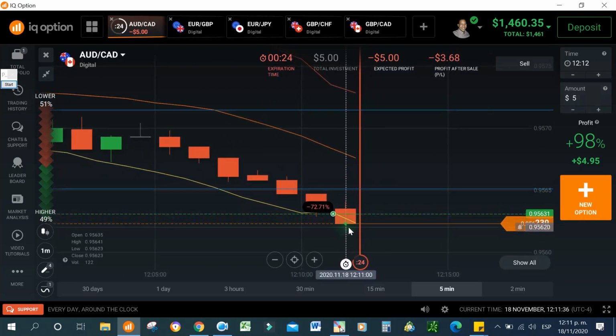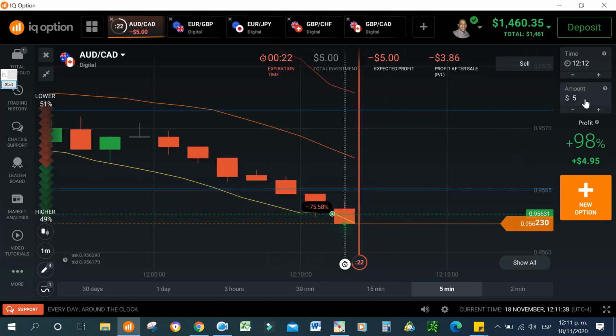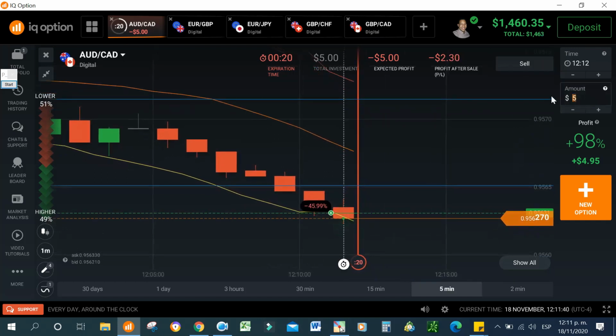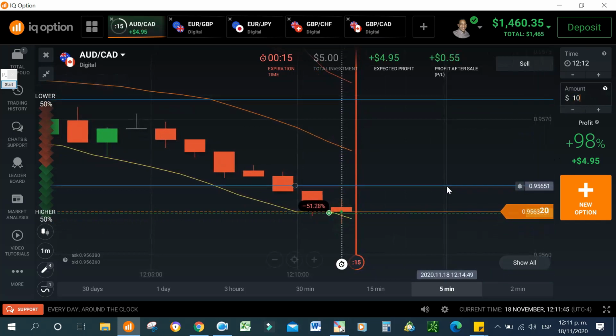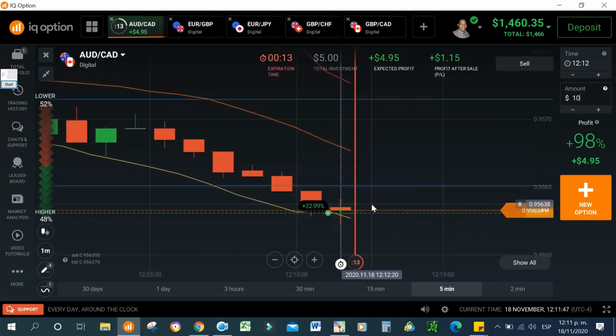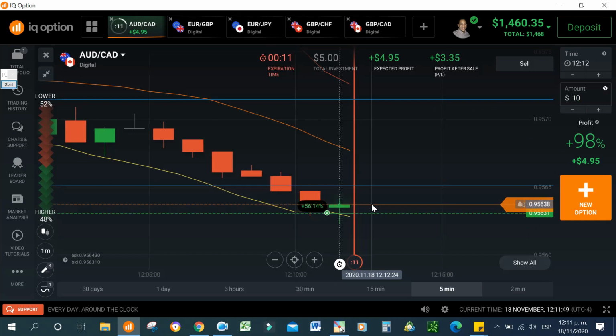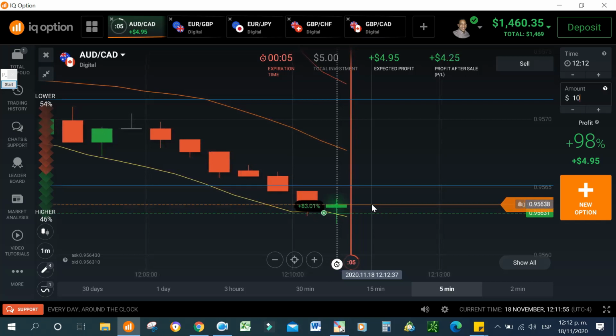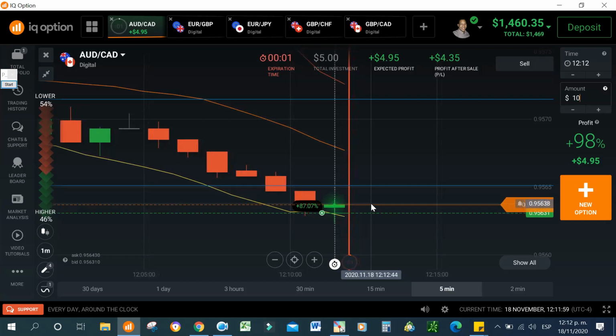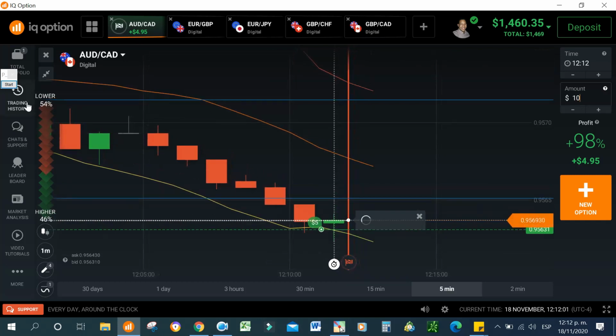Yes, because it's closing below the lower Bollinger Band. Let me be ready for that. But yes, we're winning this trade, and guys, we won this trade too.